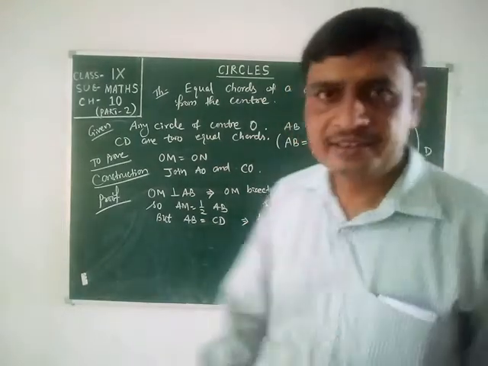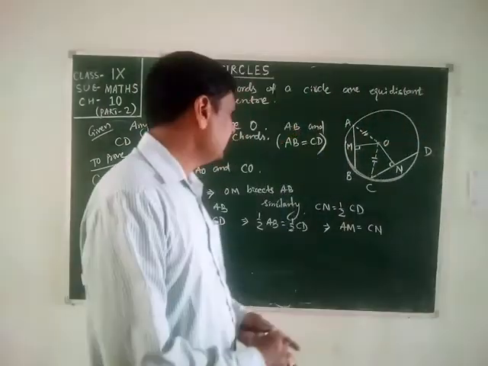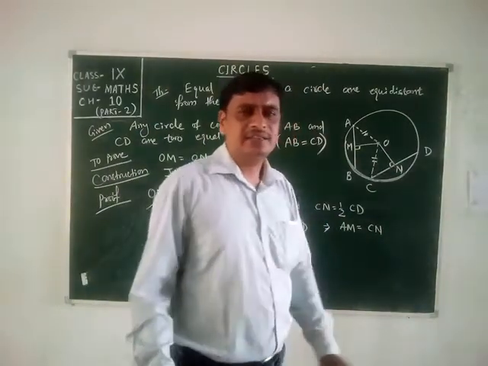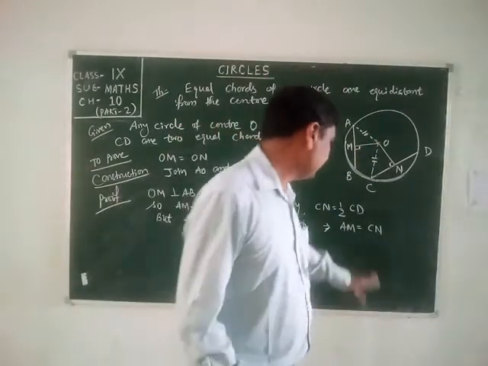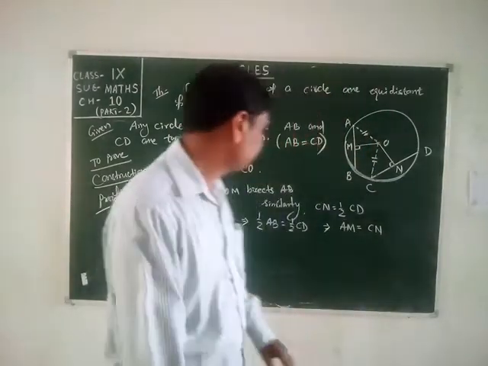It is given in the theorem. If AB and CD are equal, then half of AB and half of CD are also equal. That's why AM and CN are also equal.